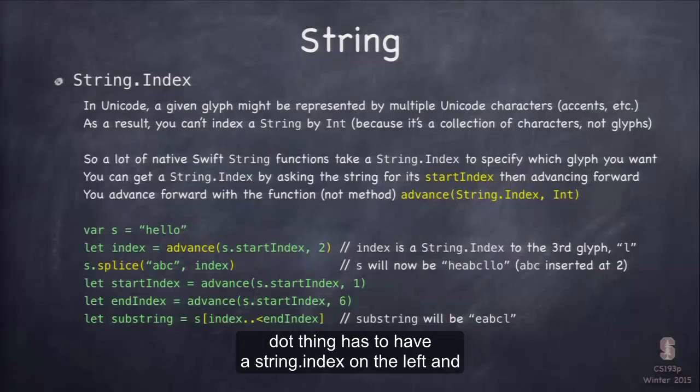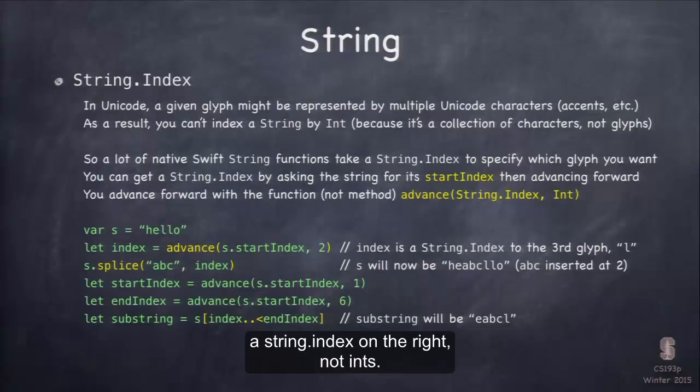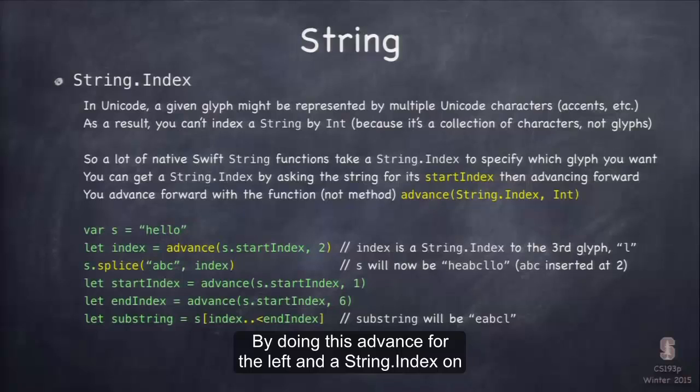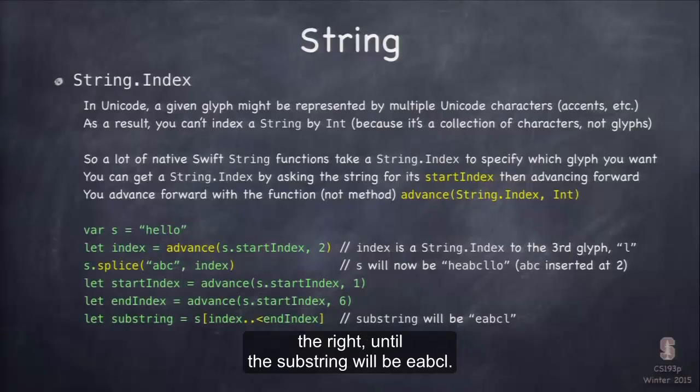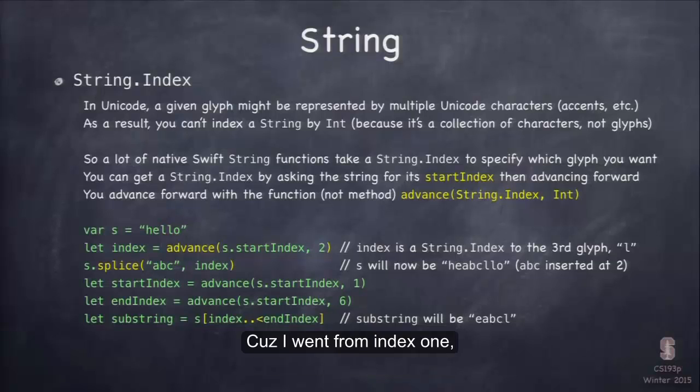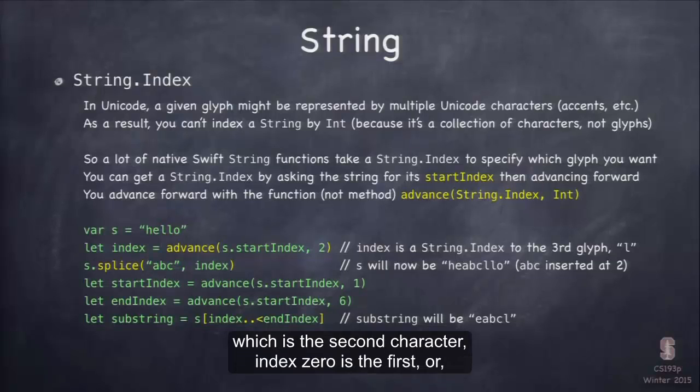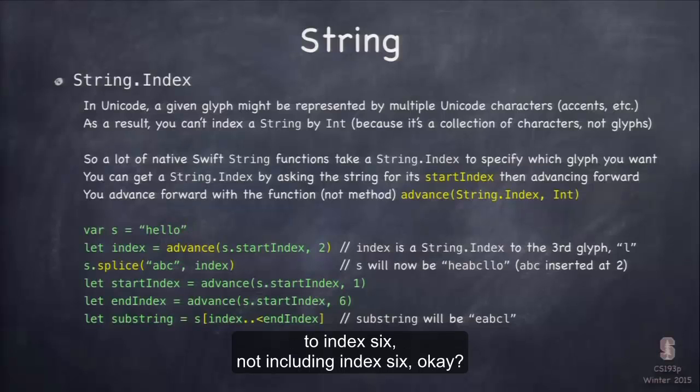And the range, the dot dot dot thing, has to have a string.index on the left and a string.index on the right, not ints. Okay? So here I got a string.index by doing this advance for the left and a string.index on the right. And so the substring will be EABCL, because I went from index 1, which is the second character, index 0 is the first, to index 6, not including index 6.